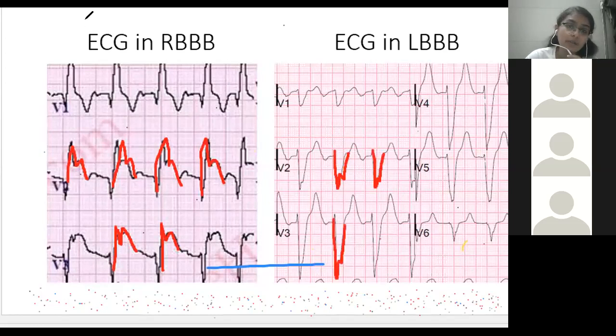So an easy way to remember is RBBB, the R wave will show M, and LBBB, the S wave will show W. This is how you remember RBBB and LBBB. Definitely check for left axis deviation in LBBB and right axis deviation in RBBB.